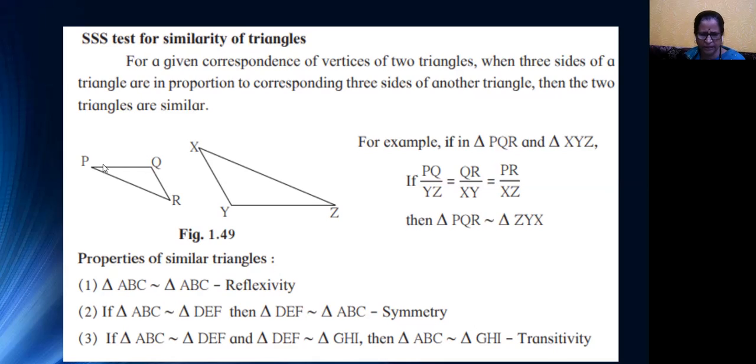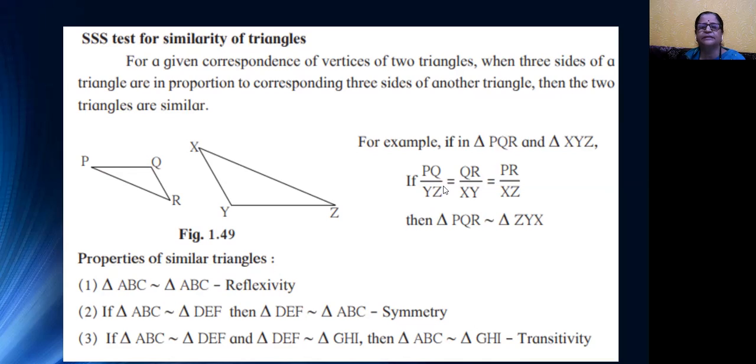Here in triangle PQR and triangle XYZ, with corresponding vertices, the sides are in proportion. The corresponding sides are PQ to XY, then QR divided by YZ, and next PR divided by XZ. Here it is taken.